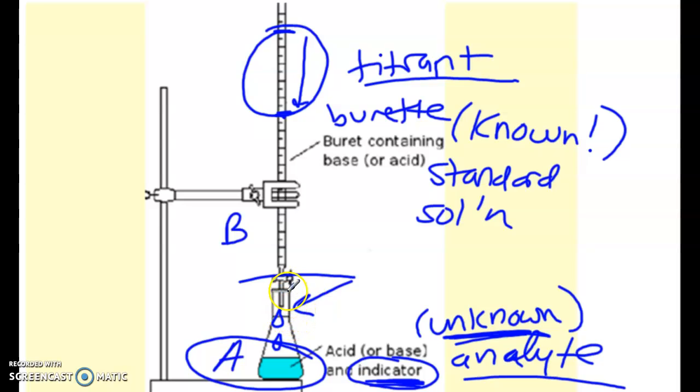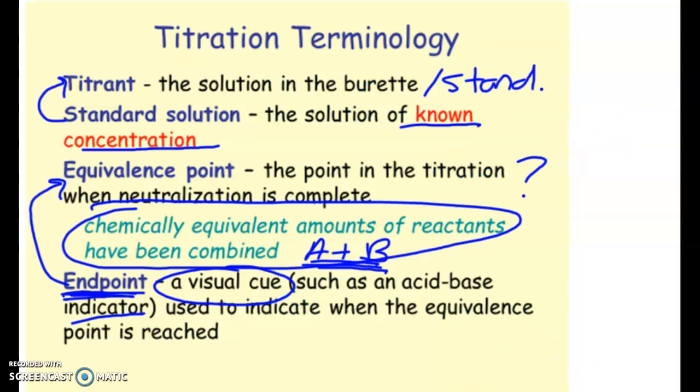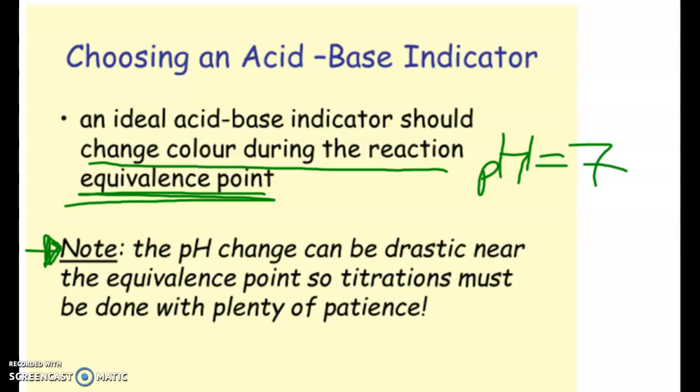So when you are adding this, this is a valve that you can open and close. You do not open this and let this run through. One drop, actually sometimes half a drop, can make the difference between neutral and not neutral. Okay, it is not a clear-cut thing. You have to go very, very slow.